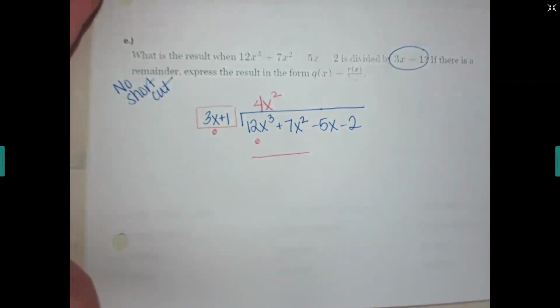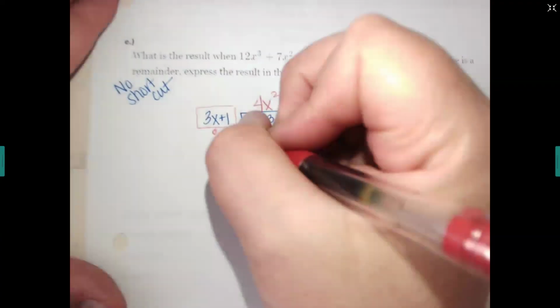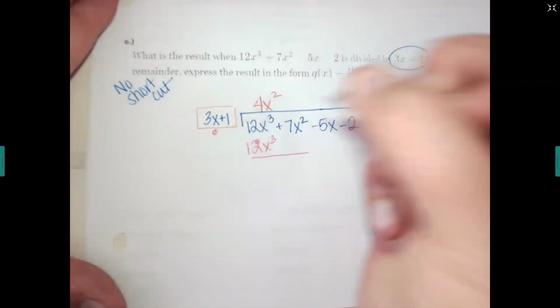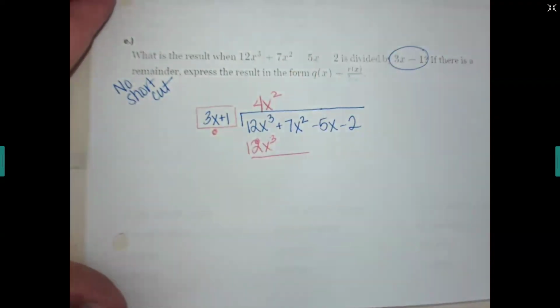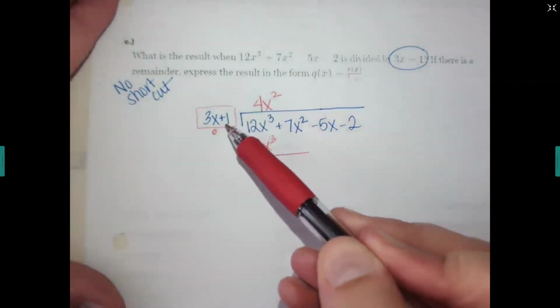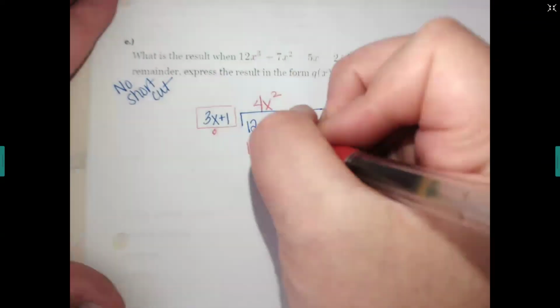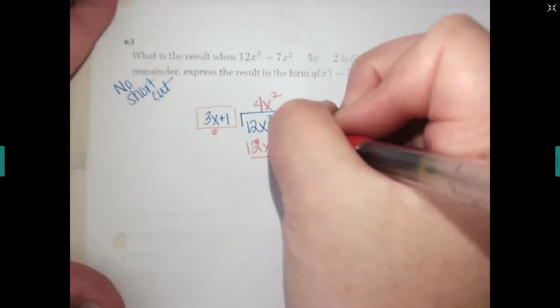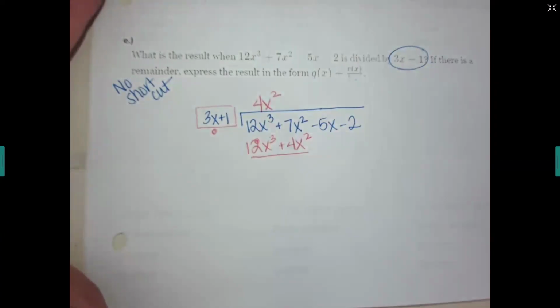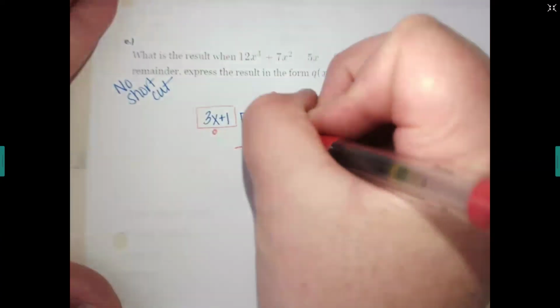So 4x squared times 3x is a 12x^3, a perfect match, just like it's supposed to be. And then I have a 4x squared times 1 is going to stay a 4x squared. What do I do with the signs on that row? Flip them. So minus, minus.